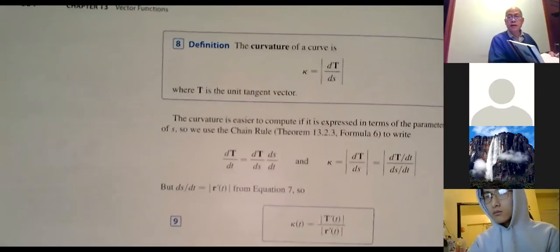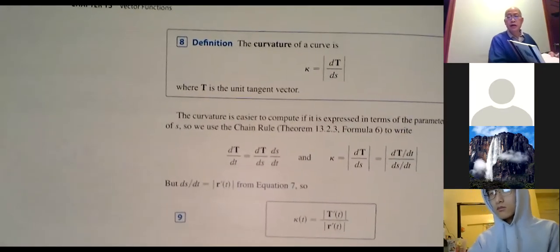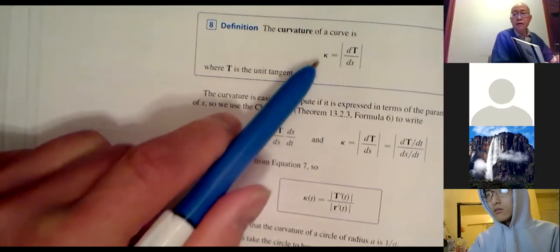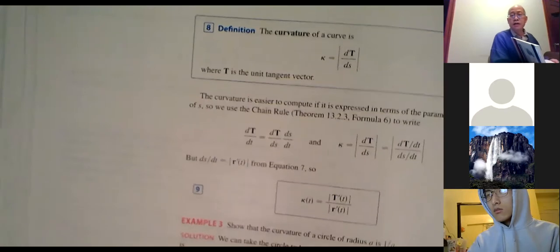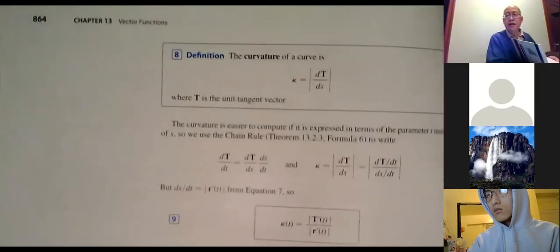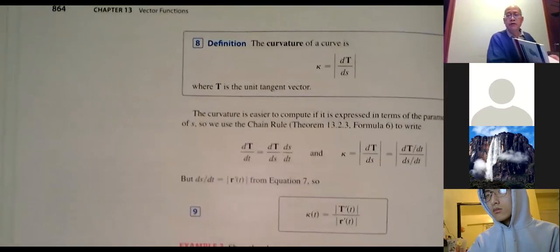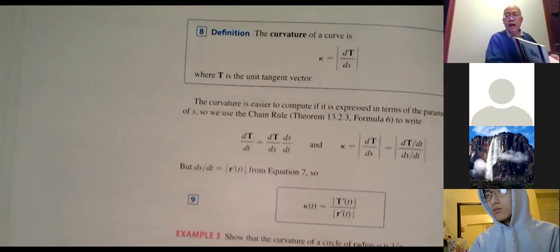Here is the definition of curvature, though it's pretty much something you're not going to use that much. The letter we use for curvature is kappa. It's a funny looking K. Kappa, K-A-P-P-A. It's a Greek letter. You've probably heard of kappa before, like Phi Beta Kappa.